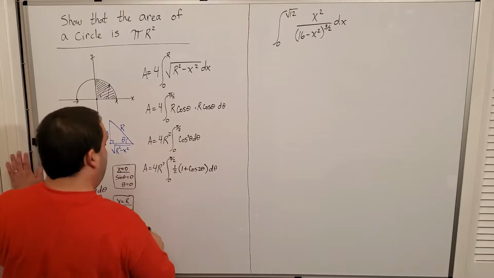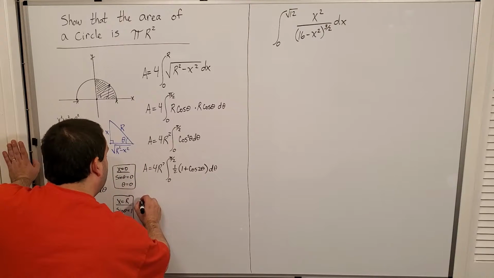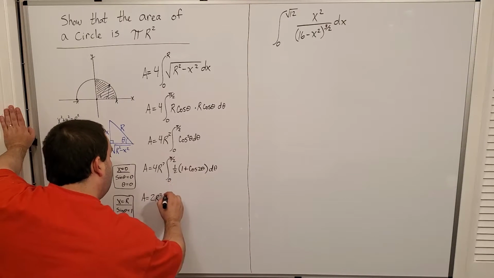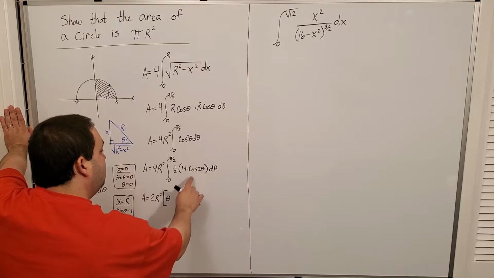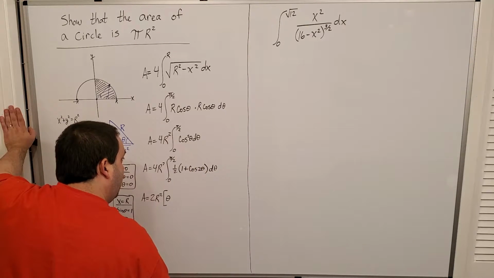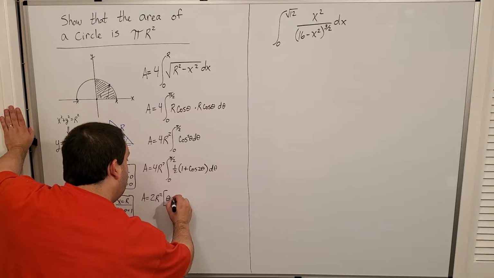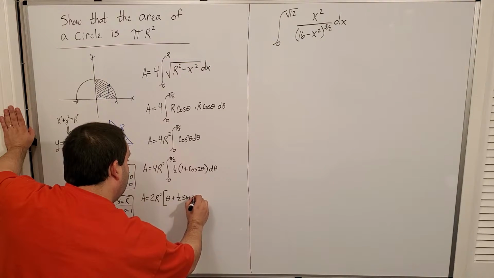The 1/2 times the 4 gives me 2 r squared. And then the antiderivative of the 1 is theta. And the antiderivative of the cosine 2 theta is going to be a 1/2 sine 2 theta.